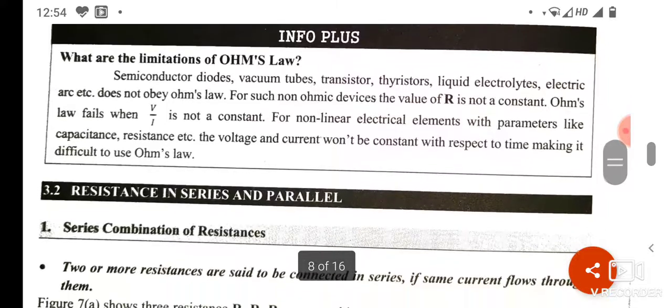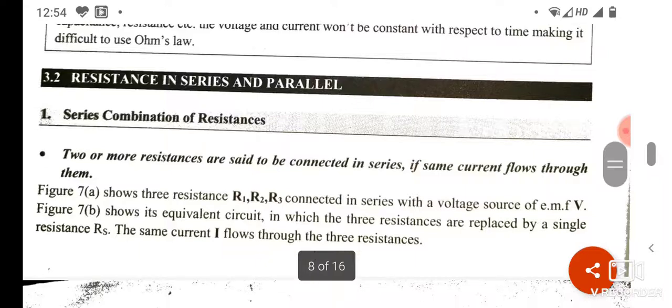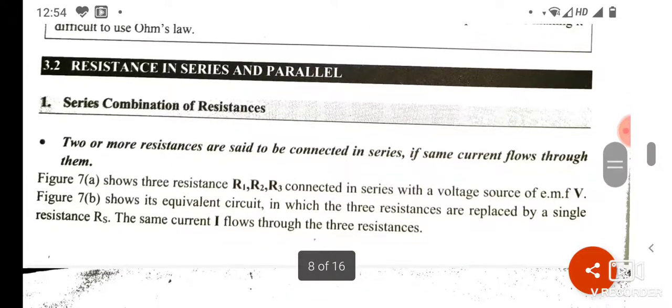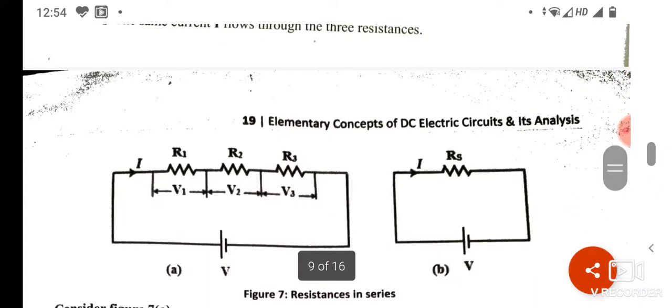Next we will discuss the resistance connected in series as well as parallel. Consider two or more resistances R1, R2, R3 connected in series. Series means end-to-end connection. One point is connected to the starting point of the other.